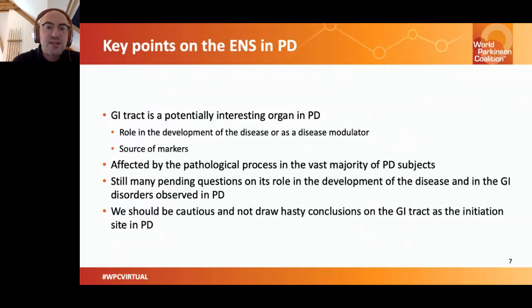We know that it is affected by the pathological process in a large proportion of subjects with Parkinson's disease. However, there are still many pending questions on its role, not only in the development of the disease, but also in the pathophysiology of the GI disorders so frequently observed in PD patients.